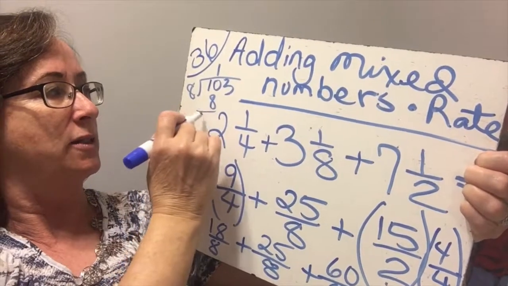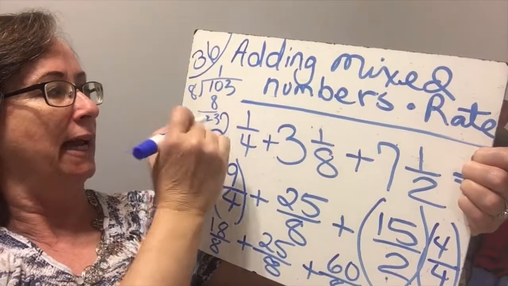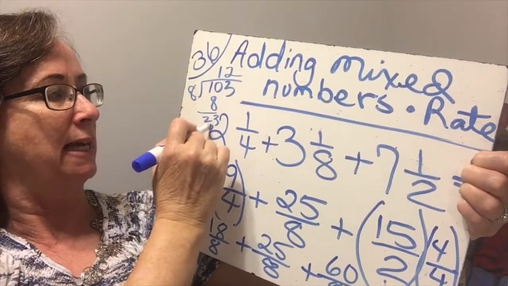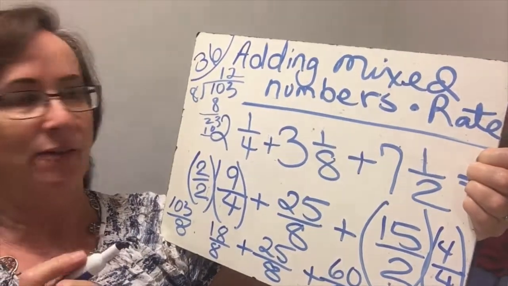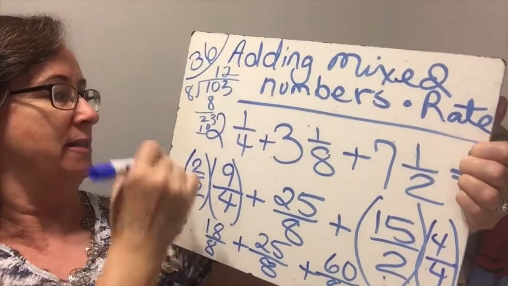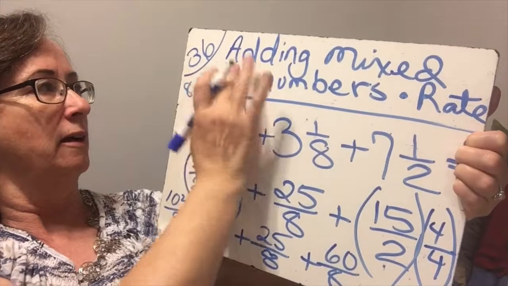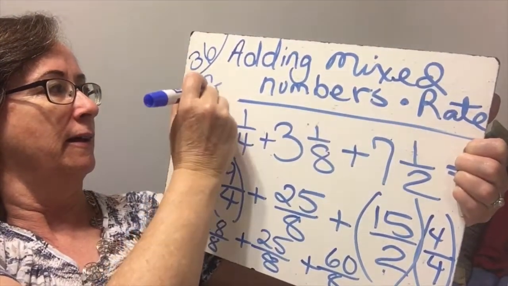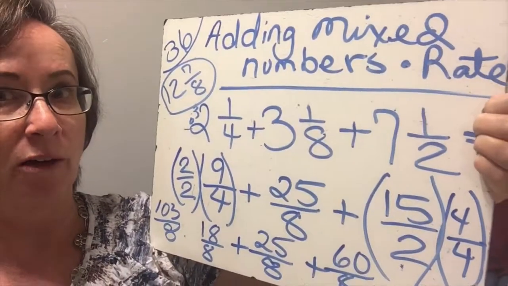And we're going to get a 2. And we're going to bring down the 3. And we're going to get 8 into 23 is 2. And 2 times 8 is 16. And 23 minus 16 is 7. So we're going to get 12 and 7/8. So let's write our answer real big here. And we just did it the long way.